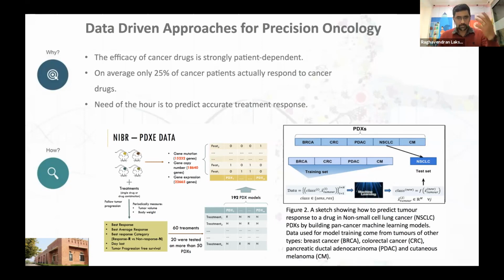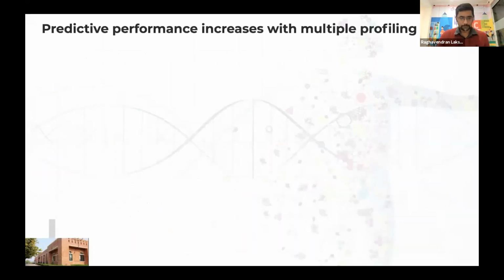So when this model was presented a test case, it tries to predict the tumor response to that particular drug. Such a model was applied to breast cancer and colorectal cancer PDXs, which were treated with 26 different treatments. So what did we find?